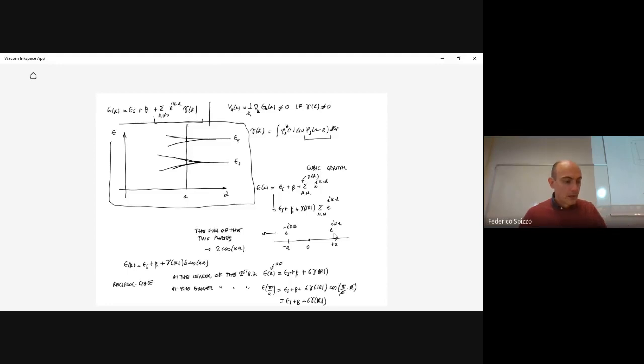And yeah, the last comment, and then I make the break. Due to this calculation, it appears that since the width of the band is proportional to the overlap integral, if you are able to change continuously the relative position between the ions, then in principle that overlap integral should start from 0 when the distance is very large, and then continuously increase and reach a value different from 0.